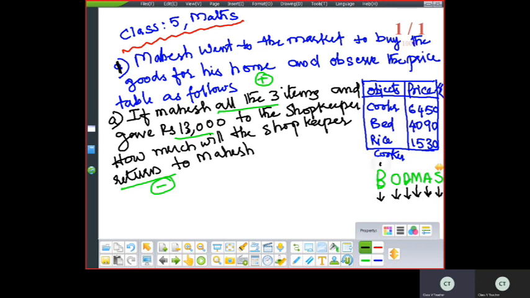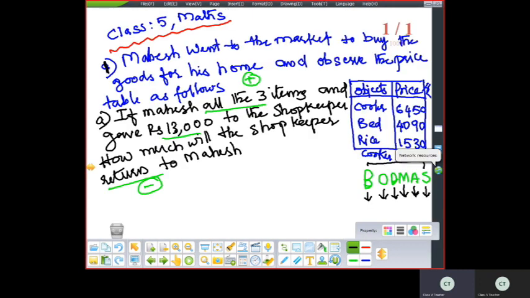This is the sequence you have to follow when addition, subtraction, multiplication and division are together. First you have to clear the bracket. Then you have to clear the order. Then you have to do the division first. Then you have to do the multiplication. Then you have to do the addition. Then you have to do the subtraction part.